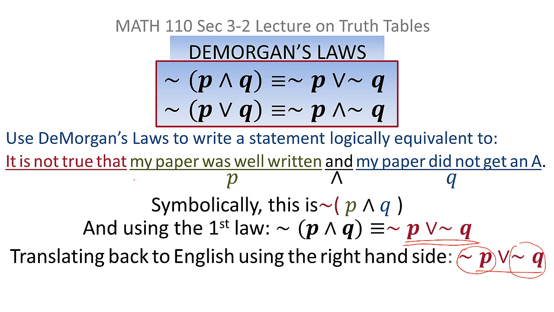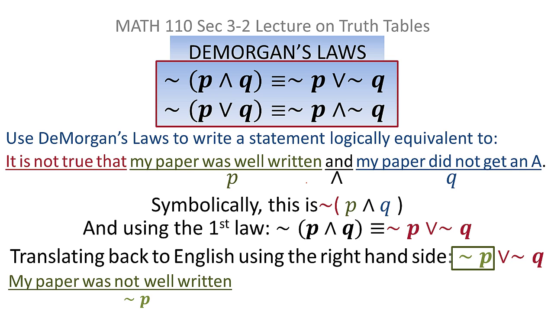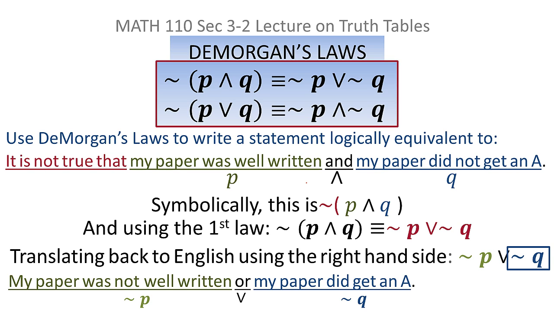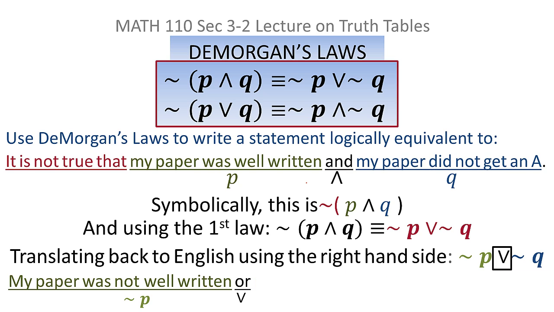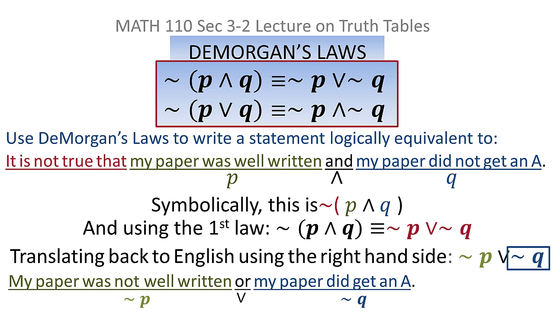Well, P says that my paper was well written, so not P would be my paper was not well written. And Q is the statement my paper did not get an A, so the negation of that would be my paper did get an A. And notice I sort of skipped over it, but the first deMorgan's law says the and becomes an or when you're negating, so that and in the original problem becomes an or as I'm translating.